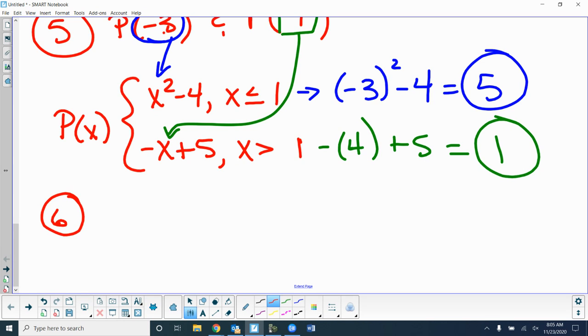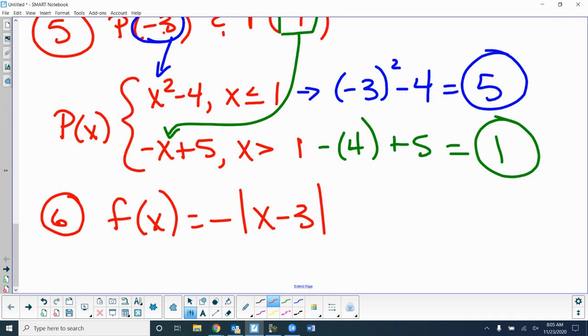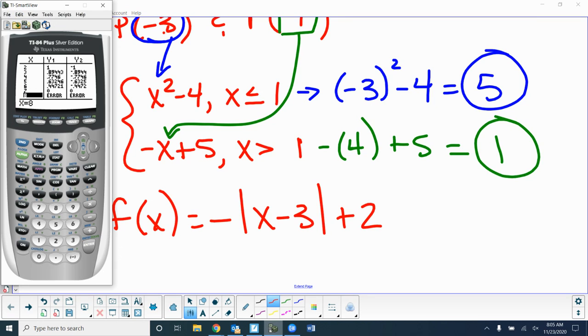Okay, number 6, you're supposed to graph this. There's a negative sign in front of the absolute value. I would do it on my calculator. Okay, so go to your y equals. Clear out what you had in there from 3 or 4. All right, negative. Absolute value again is in math. Move over to number. Move to the right one.